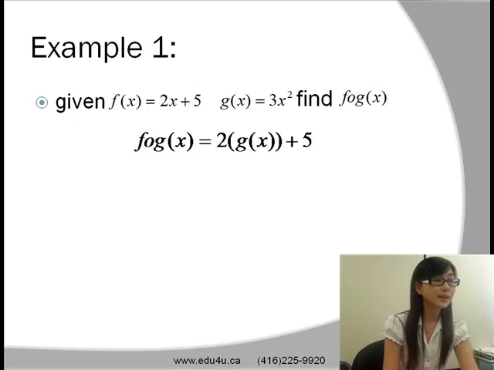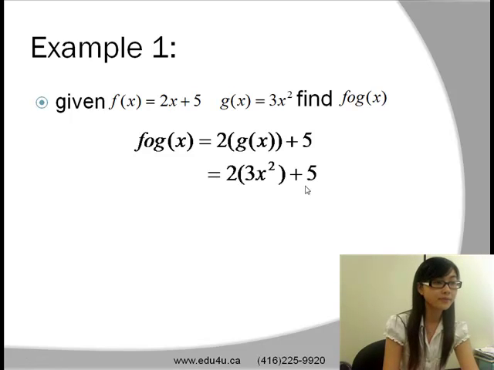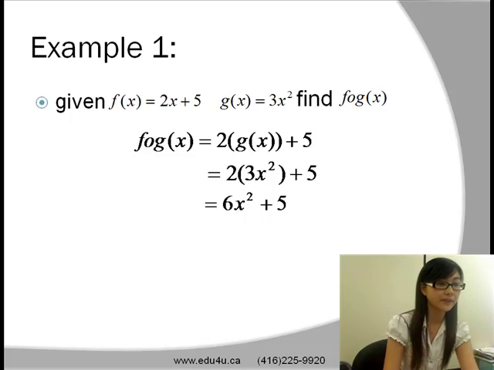What we did is we plugged in g of x into where the original x was in the f of x function. Then we plug in the value that we already have for g of x, which is 3x squared. Multiply it out and we get the final answer of 6x squared plus 5. And that will be the final answer for the composite between f of x and g of x.